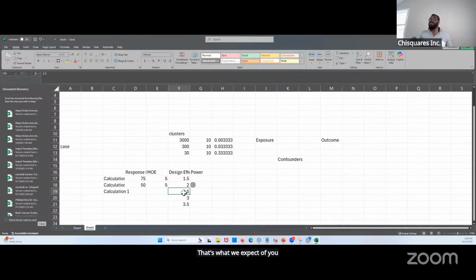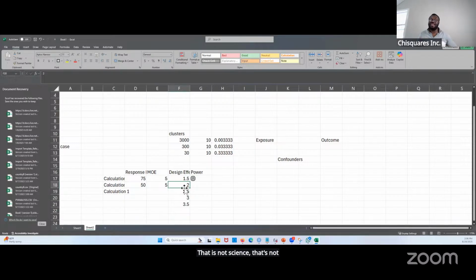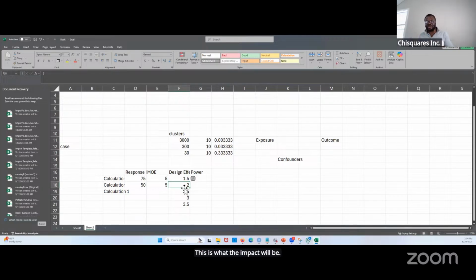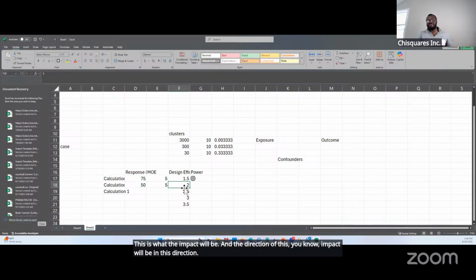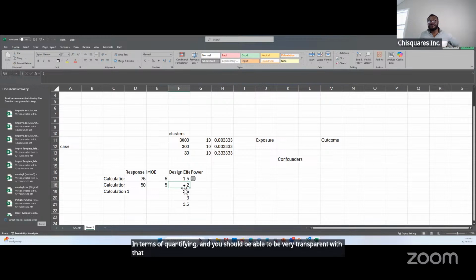You shouldn't just say, oh, well, I don't know, I'm just going to pick a number. I don't even know what the impact of this number is, but I'll just pick a number. That is not science. That's not methodology. You have to know, all right, if I underestimated this, this is what the impact will be, and the direction of the impact will be in this direction in terms of quantifying. And you should be able to be very transparent with that in your methodology and your limitations.